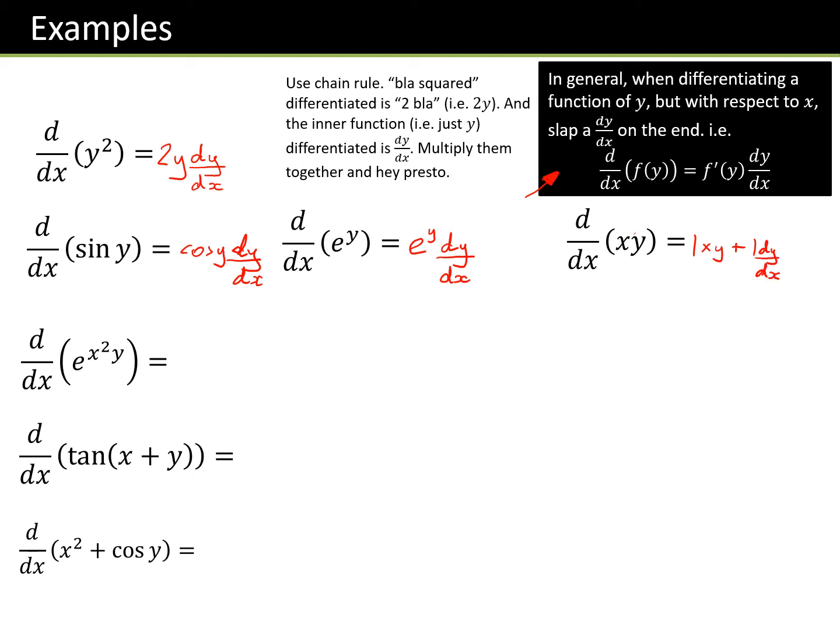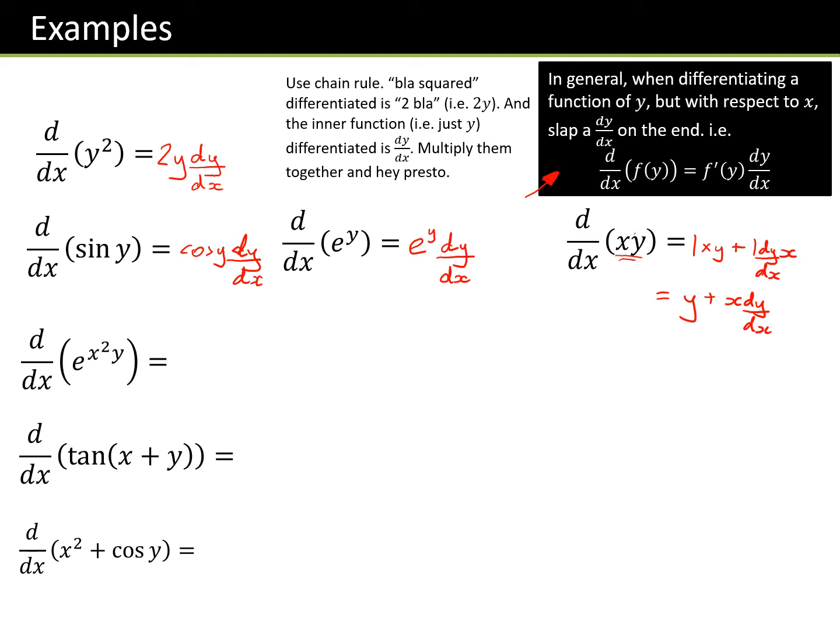And now multiply by the undifferentiated other bit. Simplify this, we get y plus, the 1 disappears, x dy by dx. And then there's your answer. So if you have two things multiplied together, you need to use product rule, and that includes if it's y's and x's.